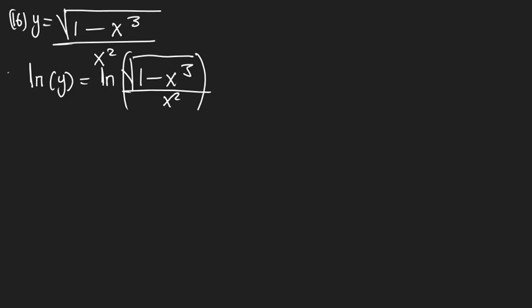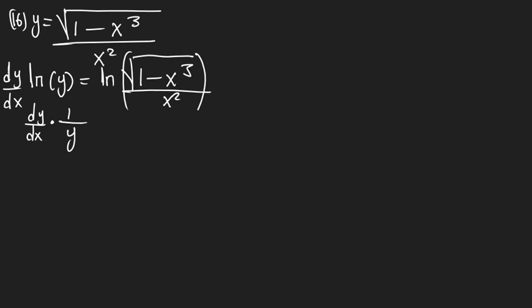Then you introduce your dy over dx. Now, dy dx of ln of something will give you dy over dx multiplied by 1 over y. Please make sure you take that concept.